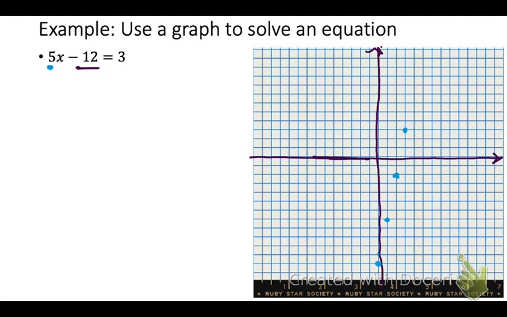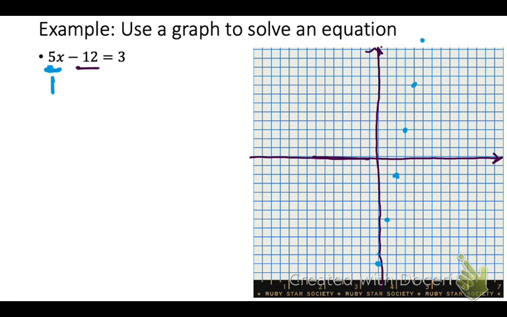Because it was negative, we had to go one negative direction. The slope was 5 over 1. My graphs are a little tiny, so they might be a little messed up. You guys got your 5x minus 12 line?